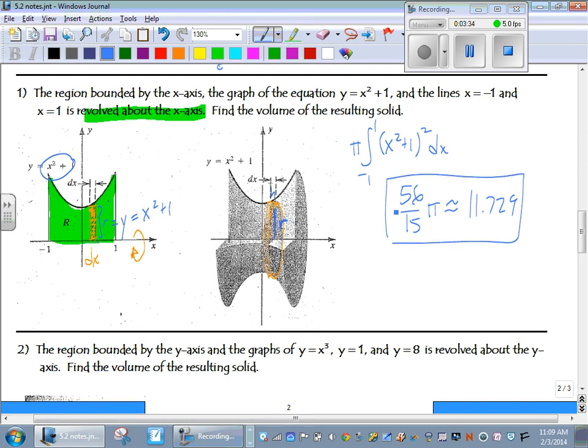For your response, I would accept either one of these, but I'm just showing you in case you needed to. It doesn't hurt to have that pi out in front. And a lot of times there might be problems where it just asks you to write the definite integral. You don't have to actually calculate the volume. It'll ask you to write the integral. You can leave the pi inside, outside. It really doesn't matter.